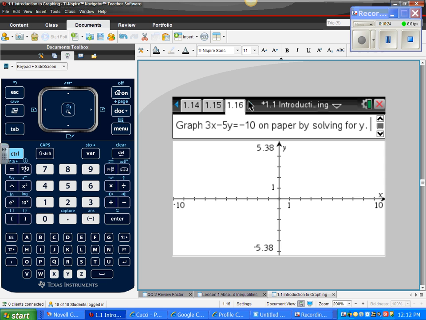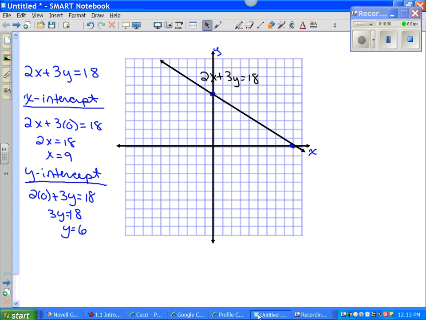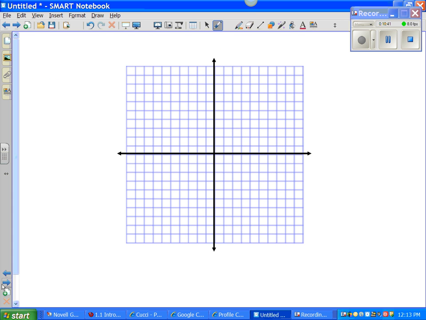We're going to do the same thing. For this one, I'd like it on paper as well. And we're going to do this one by solving for y. Okay, so that's slope-intercept form. So 3x minus 5y equals negative 10. We want to get y alone, so we need to isolate it.